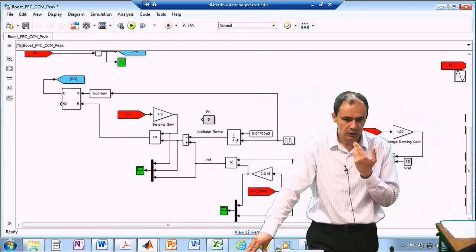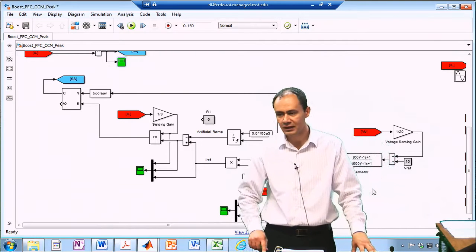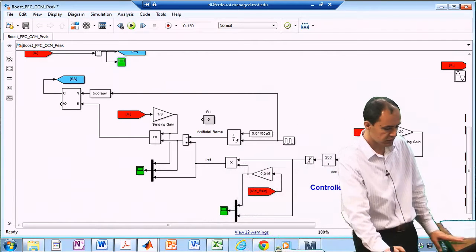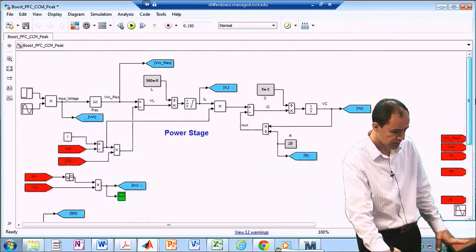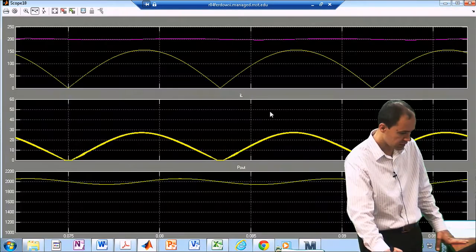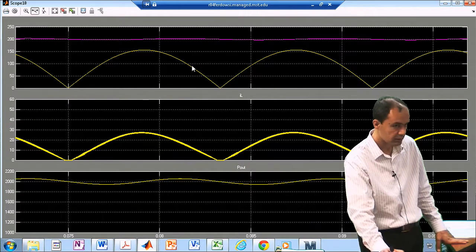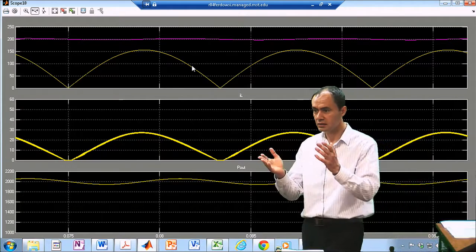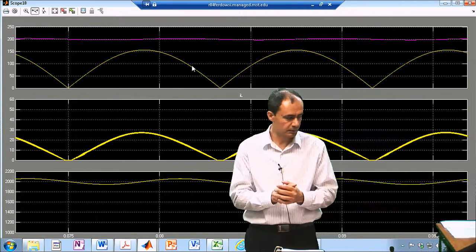So some people look at the average value of the rectified version of the input voltage and consider that the DC value. What I mean is they look at this rectified input voltage, take the average value of that, assume it's DC, and then do all the analysis based on that.